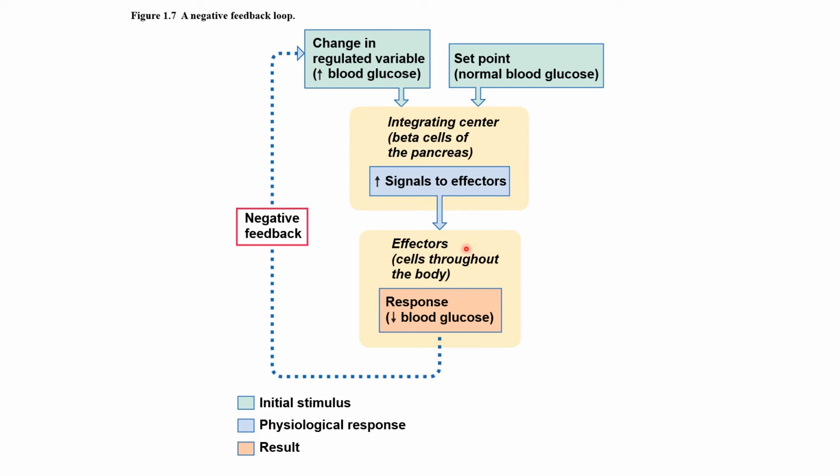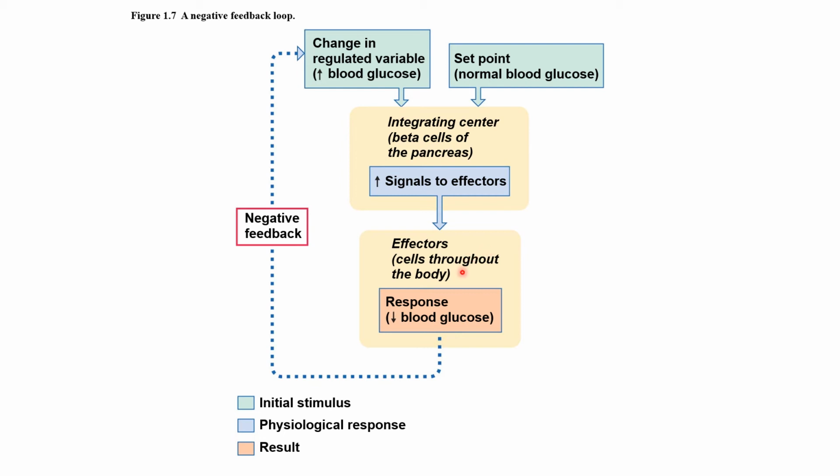And so what's going to happen is the effectors, which are basically the cells that are going to respond, are going to use the insulin to help them absorb the sugar out of the blood and into the cells. So basically, by releasing insulin, your cells are going to have the ability to absorb that sugar out of the blood.